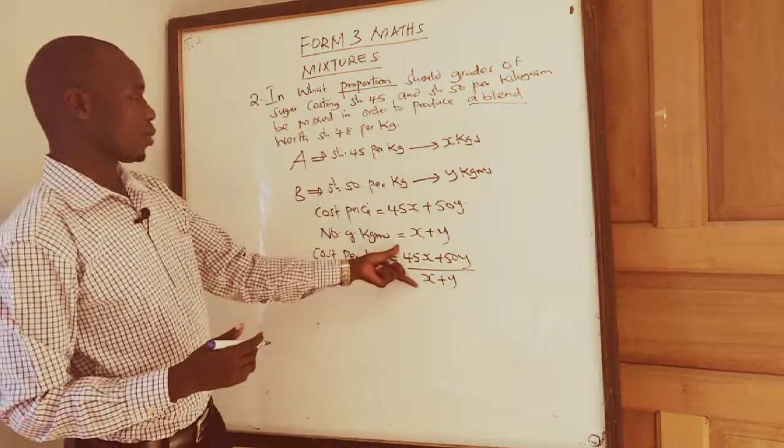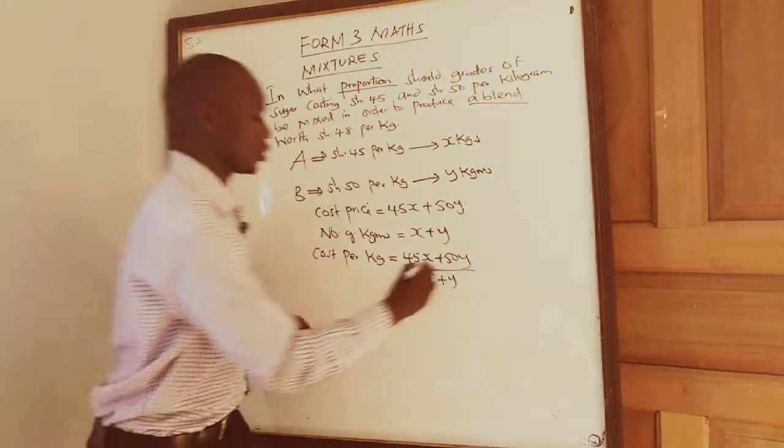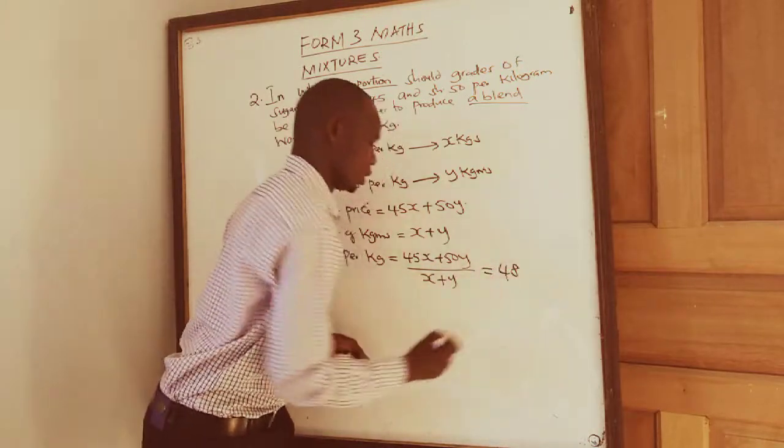And this is what is required to produce a blend that is going to cost 48 shillings.